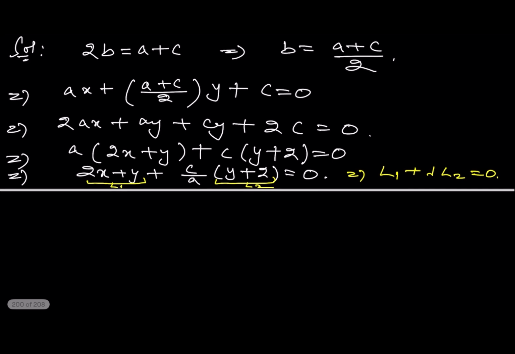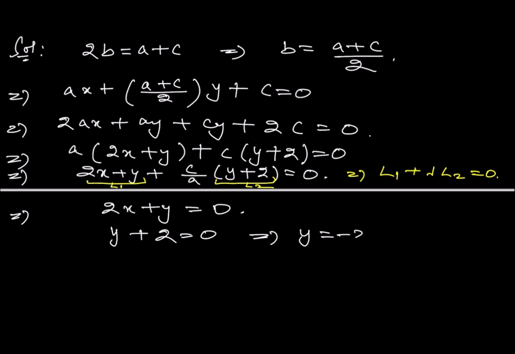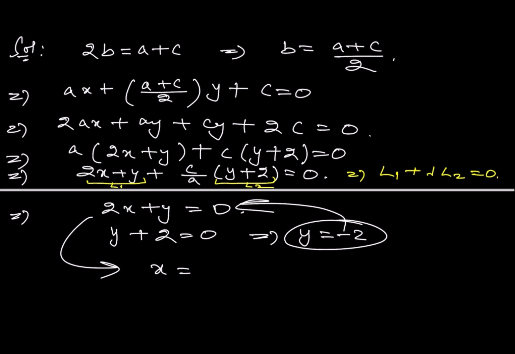If I am interested in finding the intersection point of 2x + y = 0 and y + 2 = 0, then y = -2, and from here, x = 1.